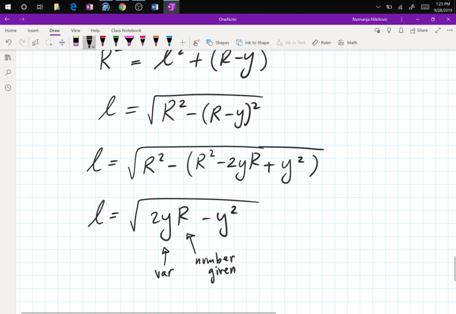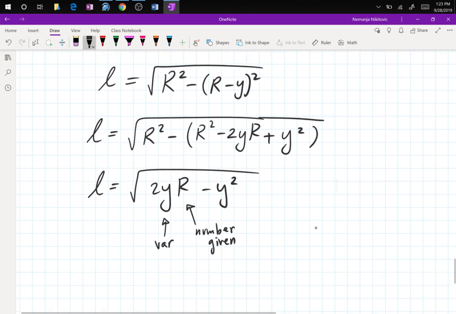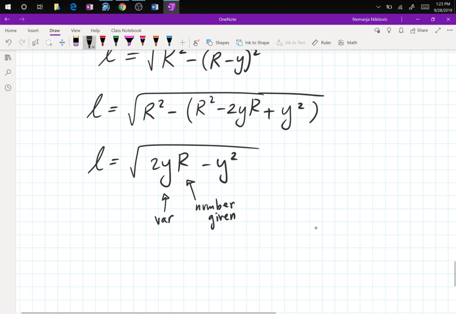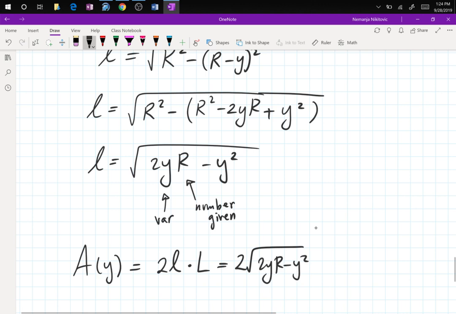So the only variable you have is l, which changes with the height Y. And once you have that, the area in terms of Y is given as 2 small l times the capital L. So you have 2 square root of 2YR minus Y squared times the big L, which is, I don't know, 6 feet long in terms of the barrel.